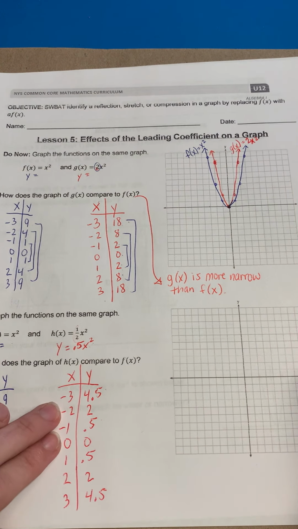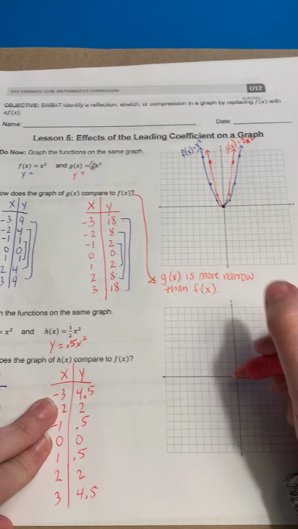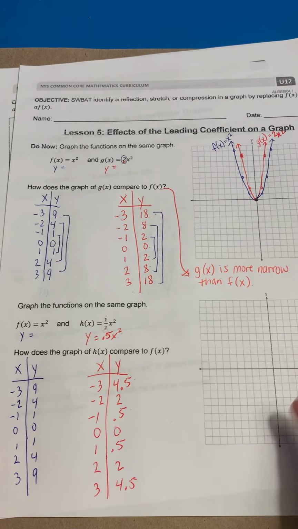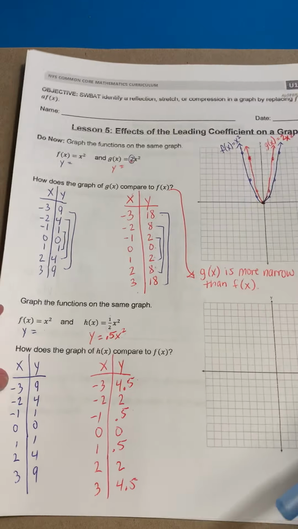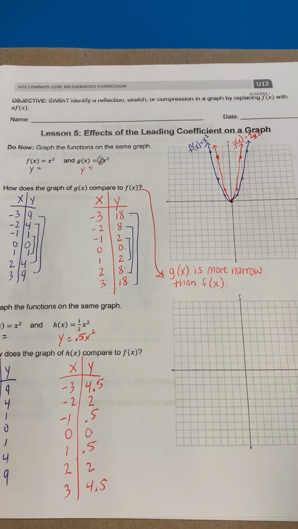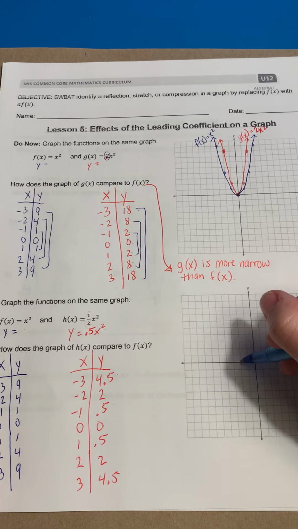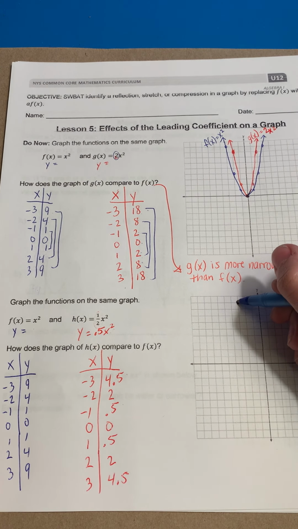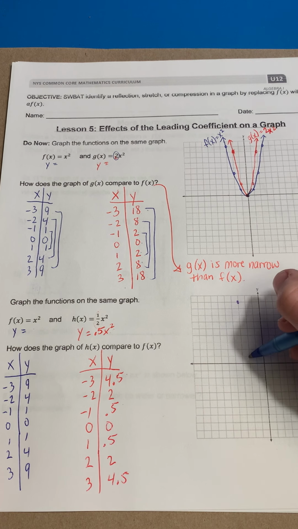So now when I go to graph them, oh, let me graph the blue first. Sorry. -3, 9. So I'm going to go left 3, up 9. -2, 4. Left 2, up 4. -1, 1.